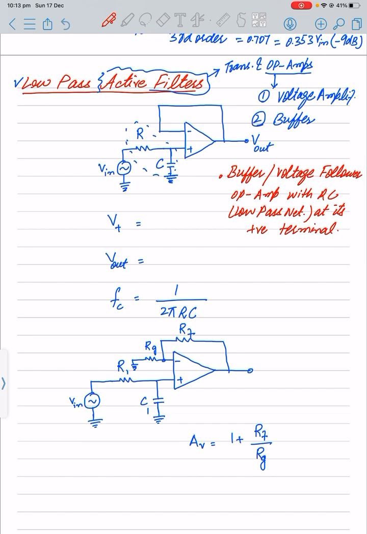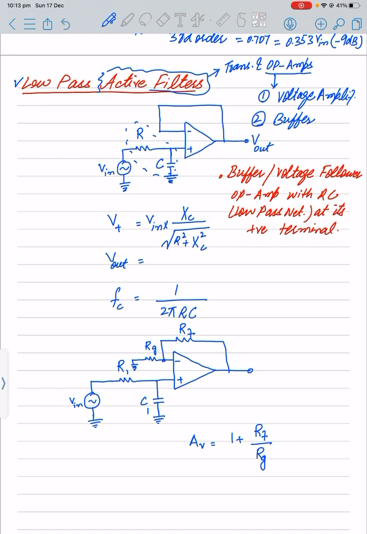So our V positive will become equal to the input multiplied by the reactance of our capacitor, XC, divided by the impedance of the resistance and the capacitor together, that comes to the square root of R square plus XC square. And then again, because we have not put anything in the feedback, the feedback is directly connected with the inverting terminal.